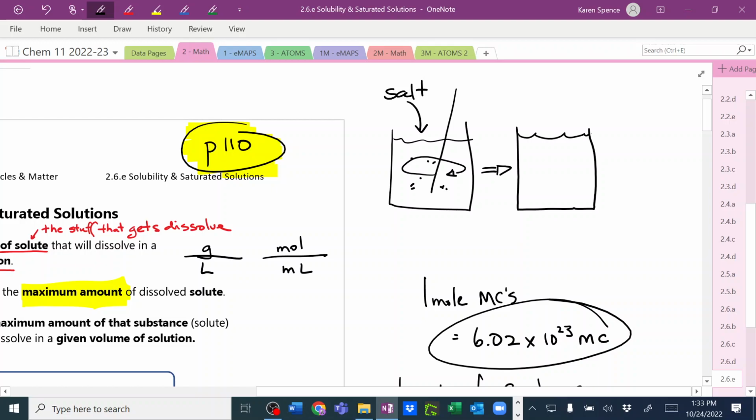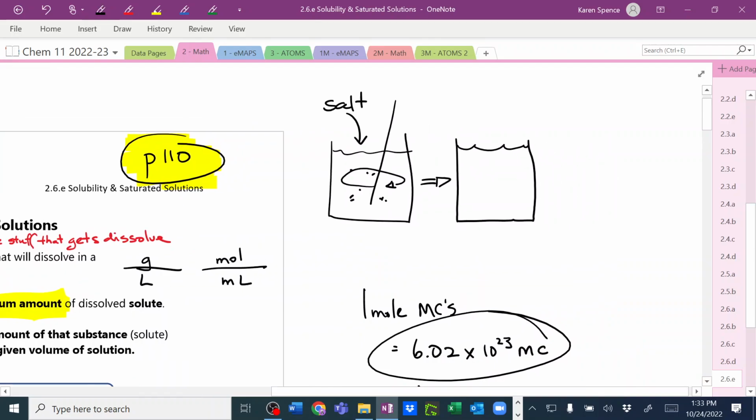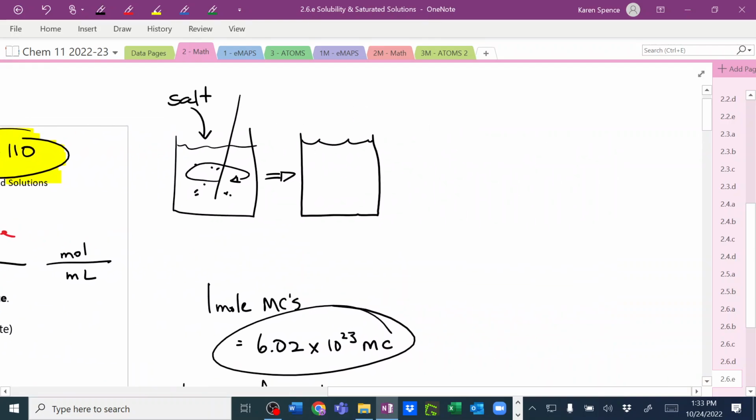Have I dissolved the maximum amount? How could I know I'm at the maximum amount? It all dissolved. Wouldn't that be kind of a fluke if I added exactly the amount that was needed to make it full? What should I do now to make sure that it's full of solute?